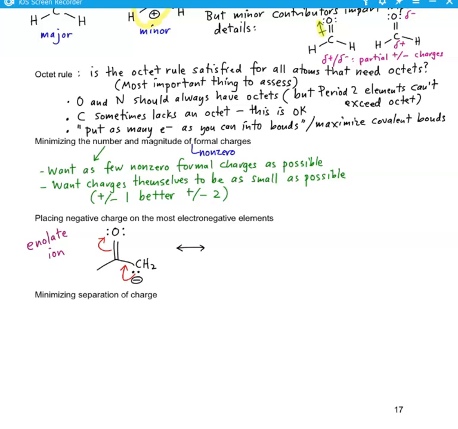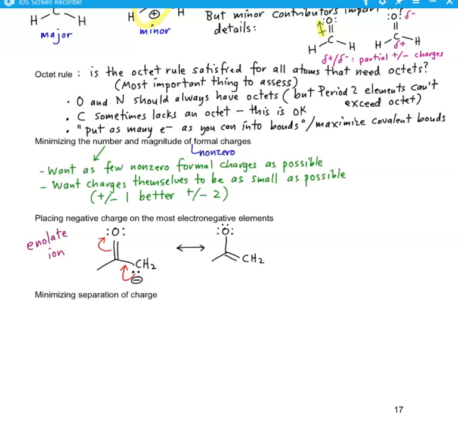Remember that the arrows start where you have electrons, and they point to where those electrons end up in the next structure that you draw. So for our first arrow, those electrons ended up making a double bond, and for the second arrow, those electrons ended up becoming a lone pair on the oxygen.